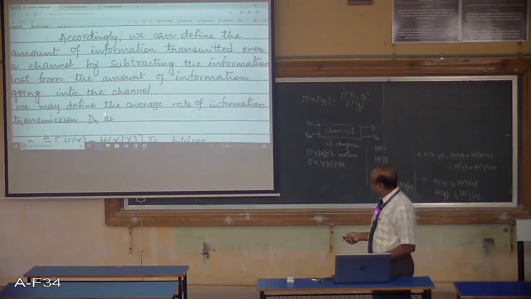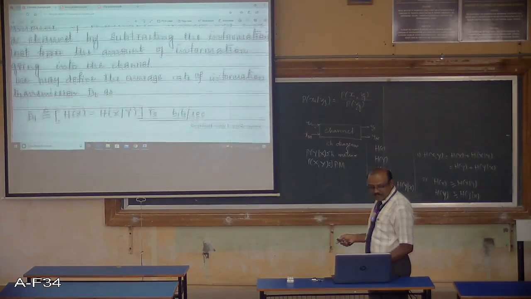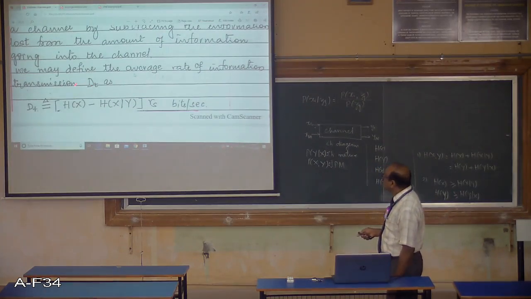So the average rate of information transmission over the channel is, on one side, what is inputted, and on the other, the uncertainty associated with receiving the information.